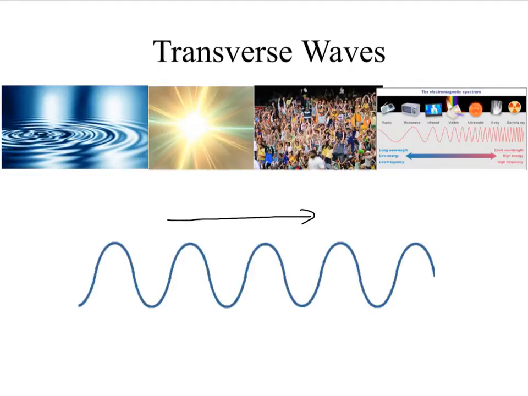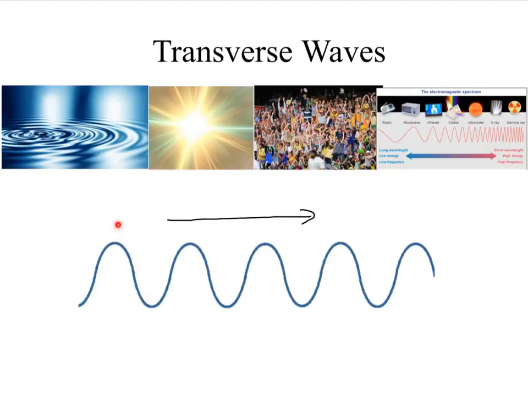Now let's think about our ripples on water as an example. So the ripples on water spread out from the centre there. So our wave direction here is from left to right, just as in this diagram here. Now if you were actually sitting in the water, bobbing about on the water, or if you were in a boat on the water, you wouldn't move in this direction, you would actually be bobbing up and down like this.